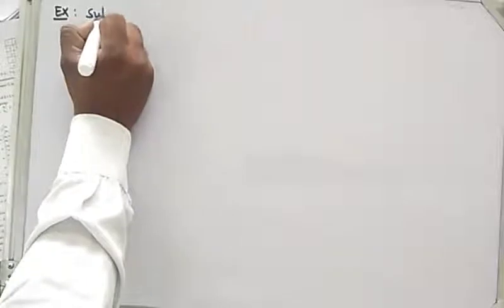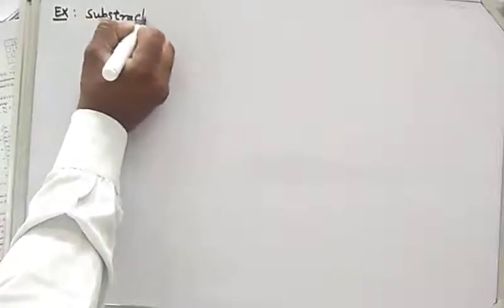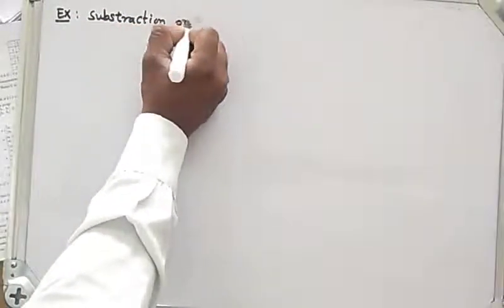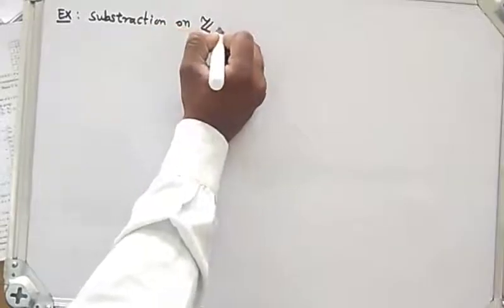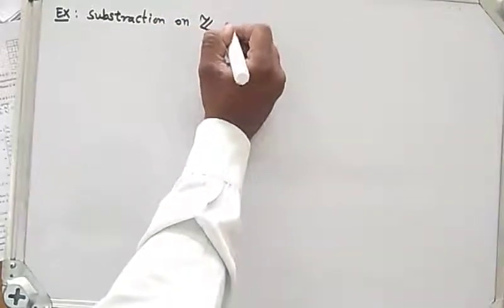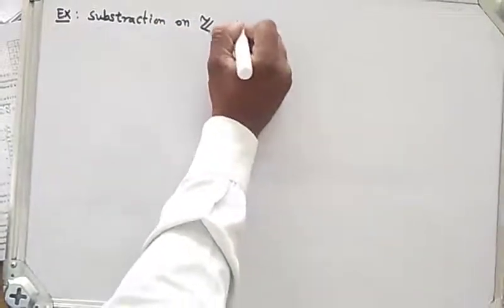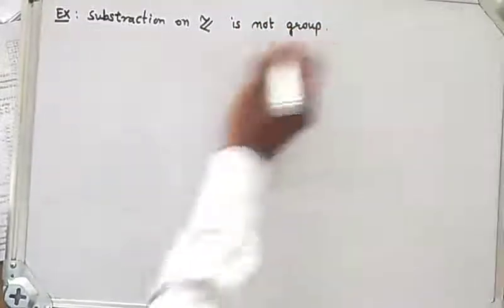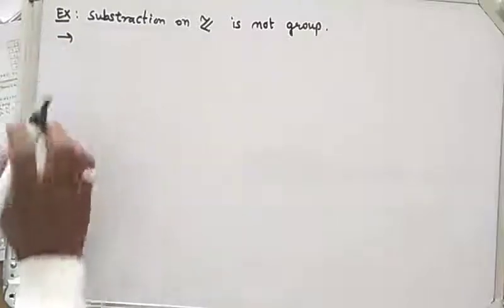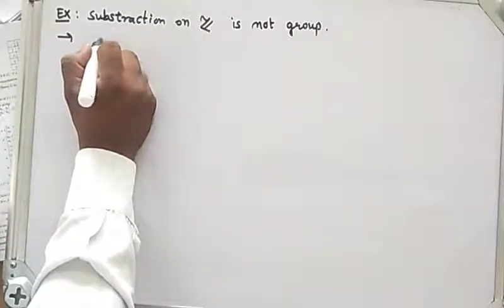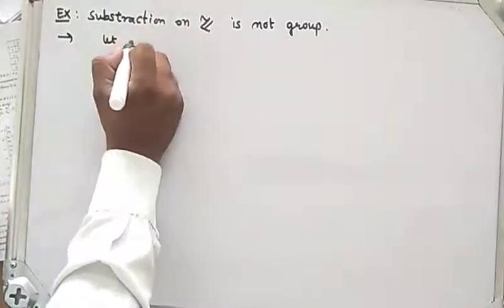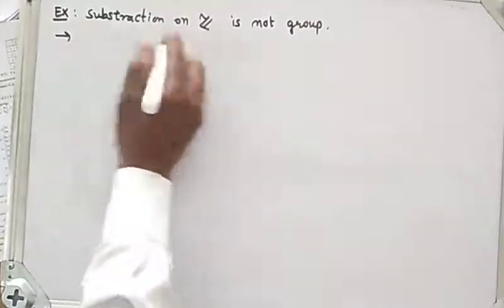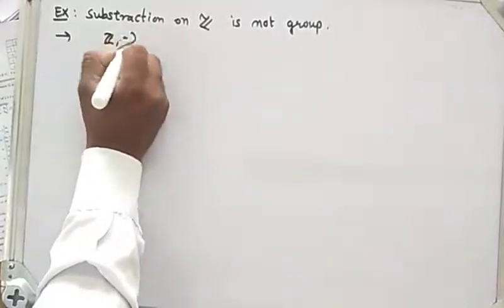Now the next example: subtraction on the set of integers Z is not a group, because for the first property, closure, let the operation be Z under subtraction.